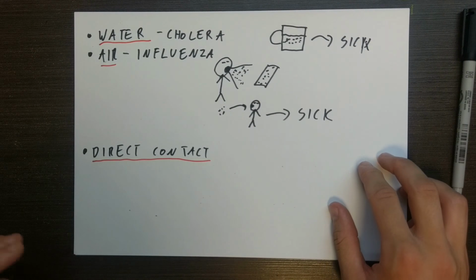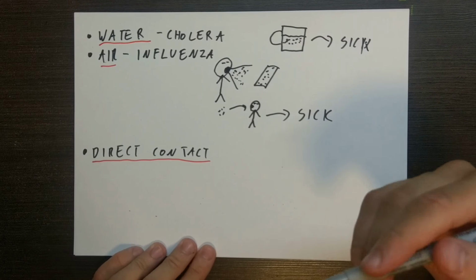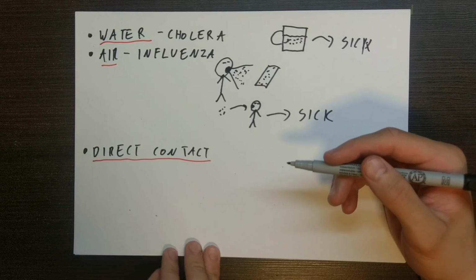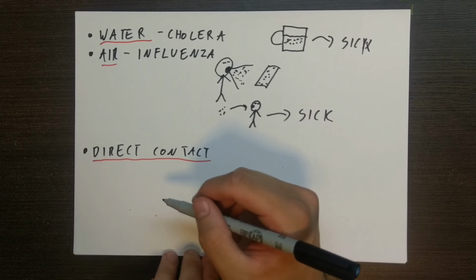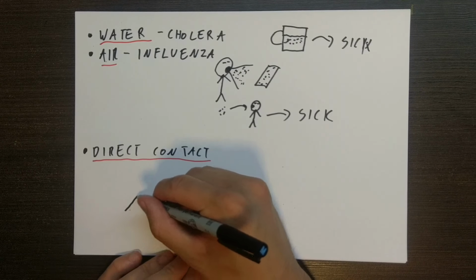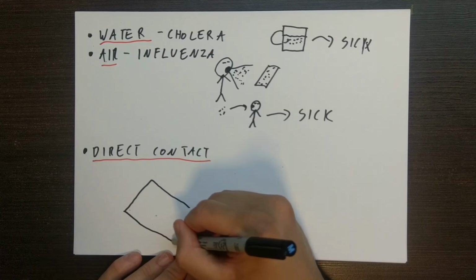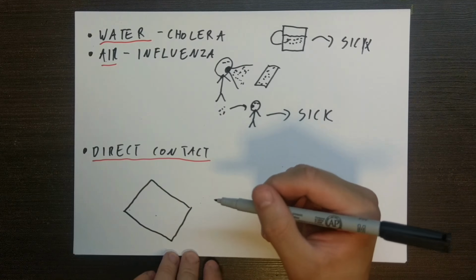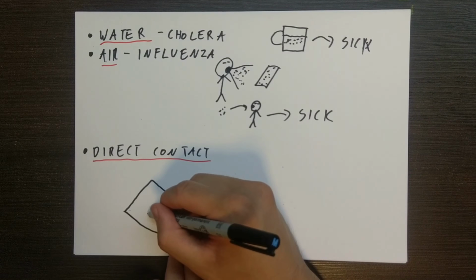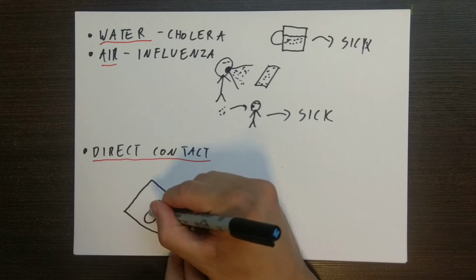Well, that means that a pathogen can spread by coming into contact with human skin. One very good example is athlete's foot. For example, if somebody with athlete's foot had a shower barefoot or stepped on a surface barefoot, then they would leave all these athlete's foot fungi.